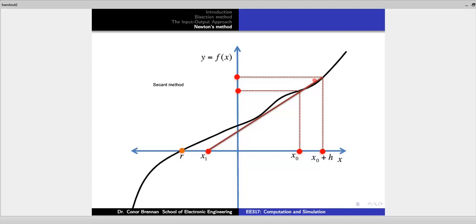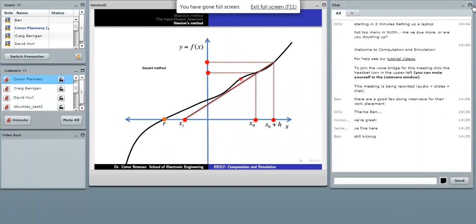The straight line between these two function outputs gives us an approximation to the tangent. It's not equal to the tangent, it's an approximation to it. We can follow the secant down until we get to x1. That's going to be pretty good. It turns out that this is as good as the Newton-Raphson method in terms of errors, provided h is small and you've got a good estimate for f dash. This is going to work pretty well.